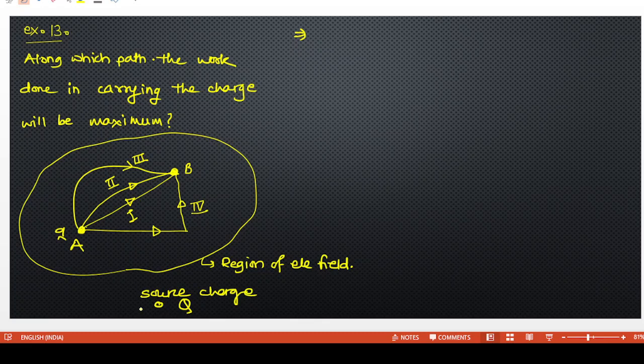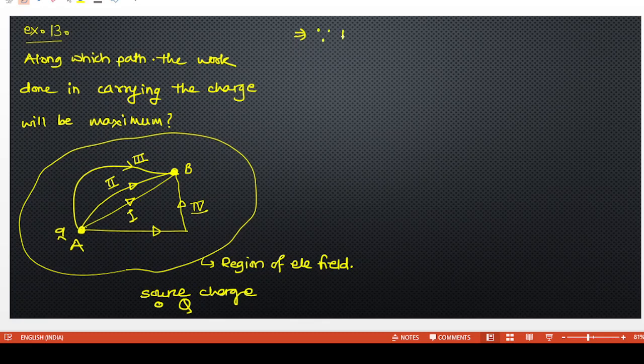Now because the electric force acting on the small q because of capital Q is a conservative force, the work done by the conservative force or against the conservative force is going to be path independent.